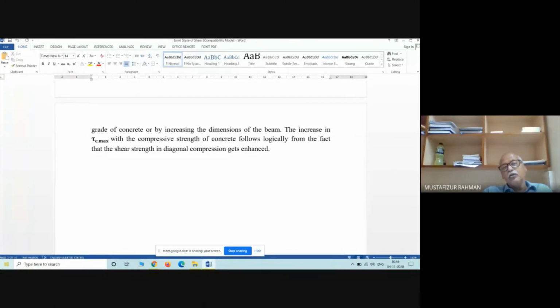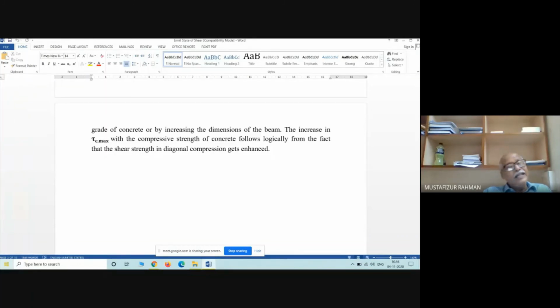Okay, so we can find out VC, capital VC. So capital VC will be equal to tau C multiplied by the cross section area, small b into d.